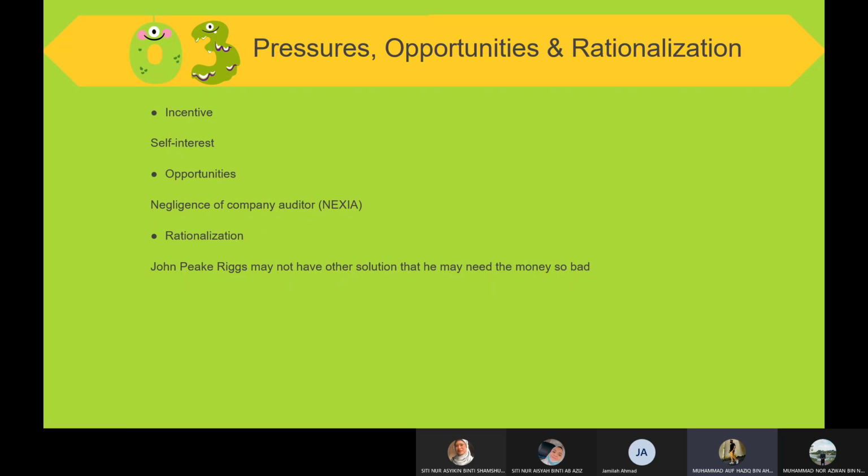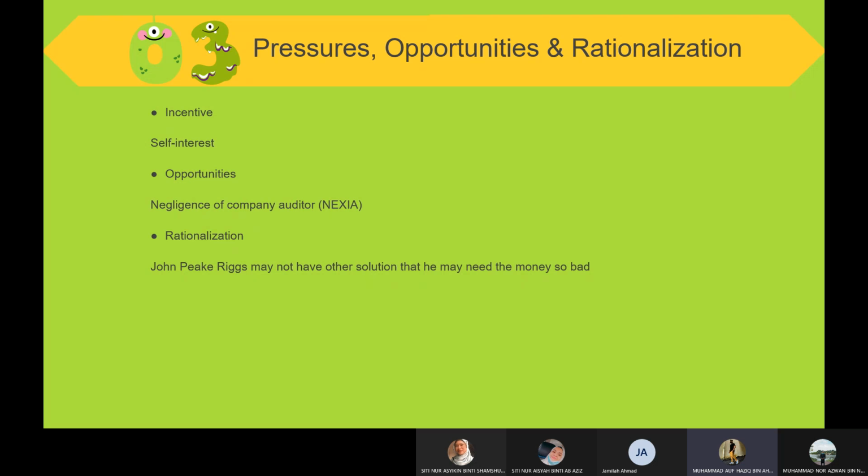Okay, first of all, the incentive. Incentive is basically why Rins did the fraud. Actually, Rins did the fraud because of self-interest. Rins engaged in this fraud because he could take the company profit without being caught by the company auditor, which is Nexia.